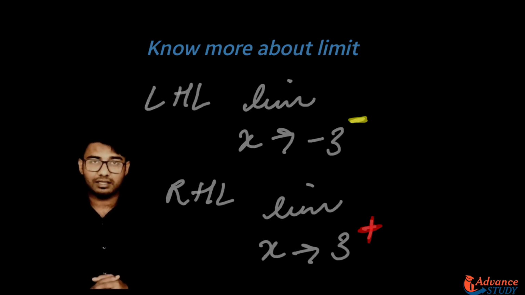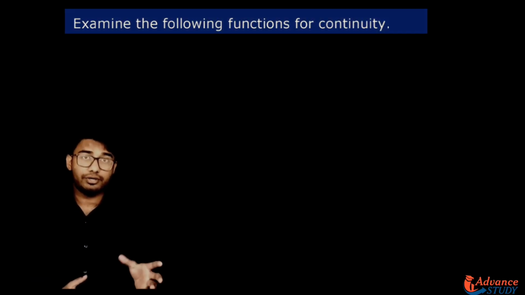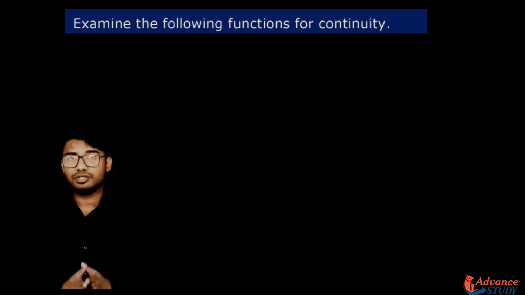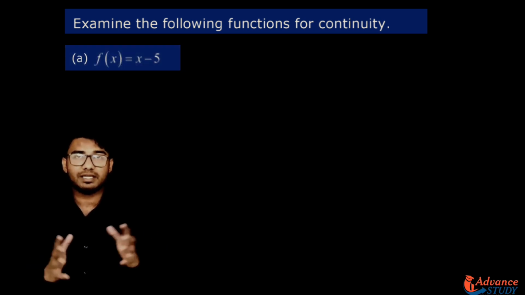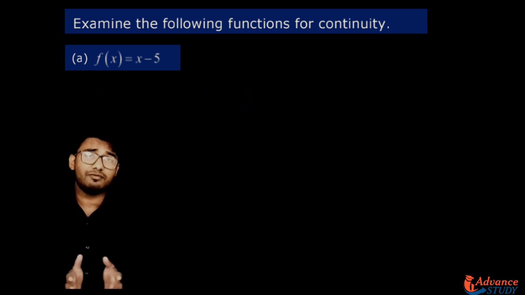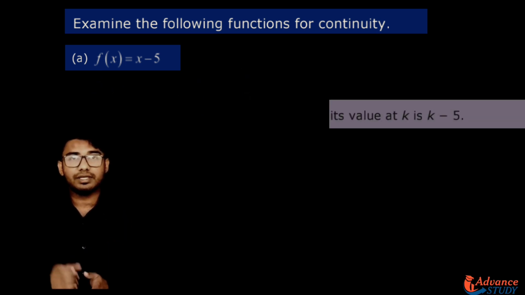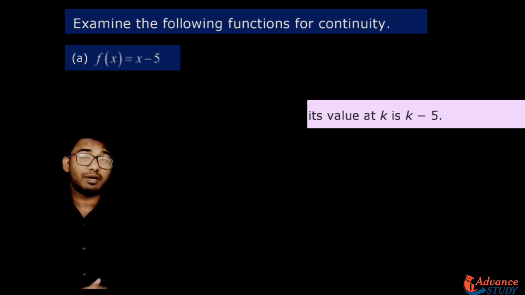So we have another question: examine the following function for continuity. First question is f(x) is equal to x minus 5. It is evident that f is defined at every real number k, and its value at k is k minus 5.